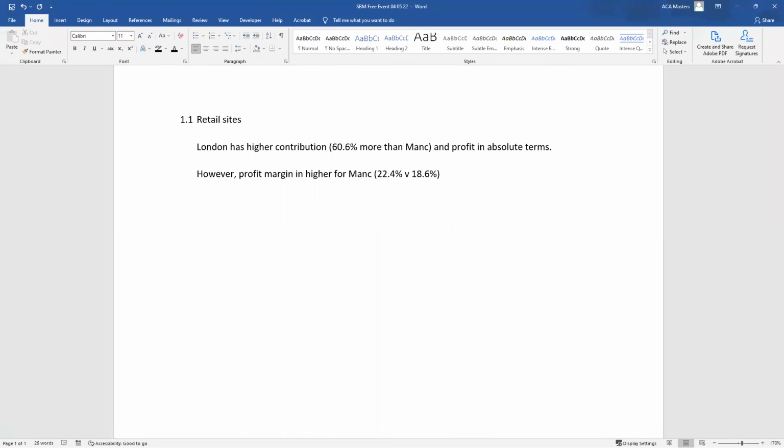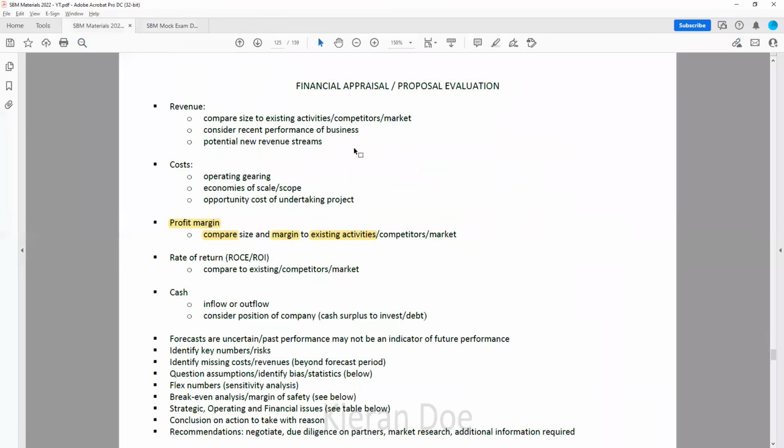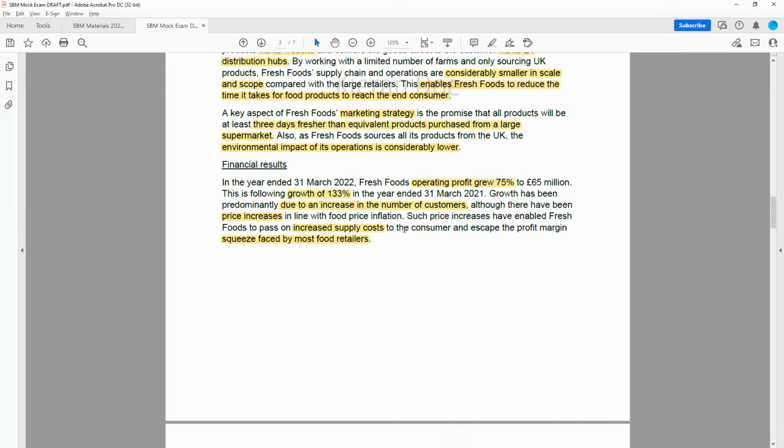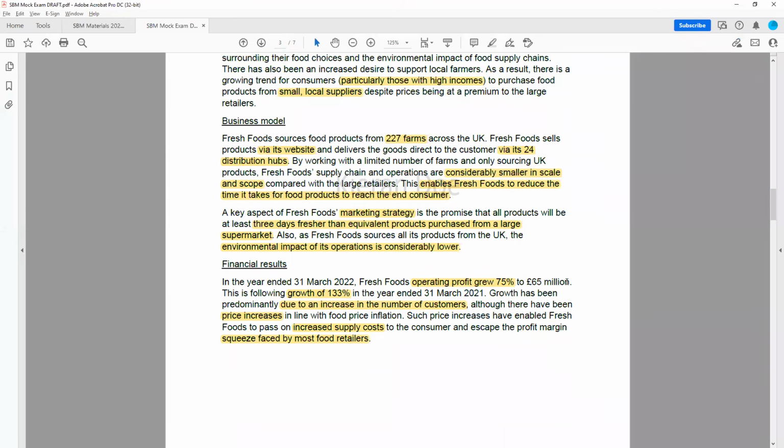And that's probably due to the fixed cost, but maybe we'll comment on that there. And as I said, it's always useful to look at, how does it compare to existing activities? Because of course we were told that in the scenario. We were told in the scenario that they've got profit of 65 million in total.